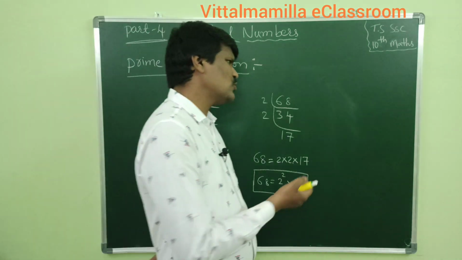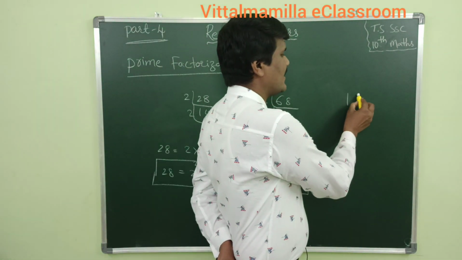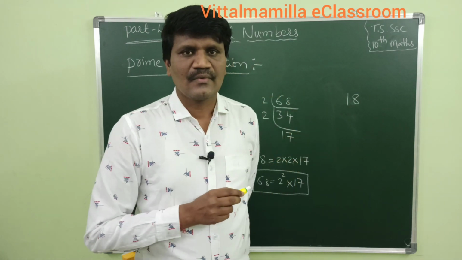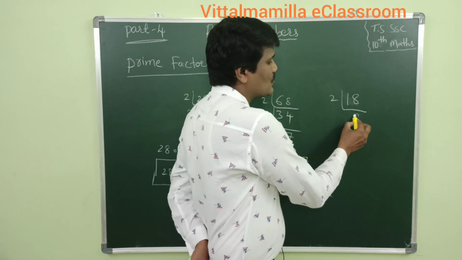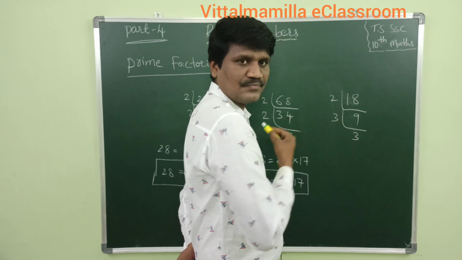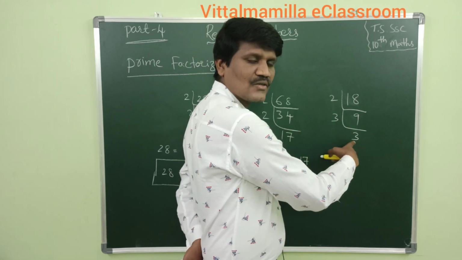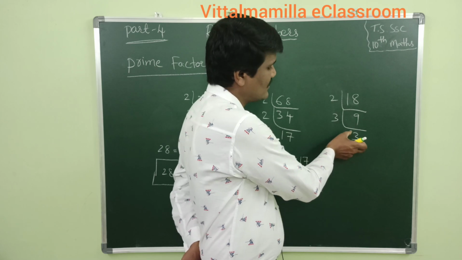Let us take one more number. You can take 18. So for 18 you start with 2 9s are 18, again 3 3s are 9. We got 3 here, so we should stop. We should continue the process until we get a prime number.